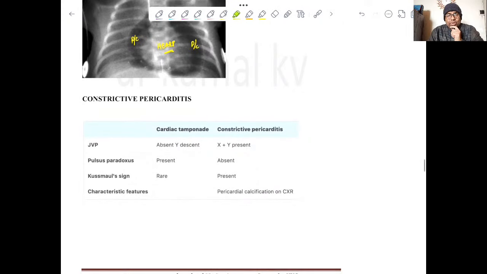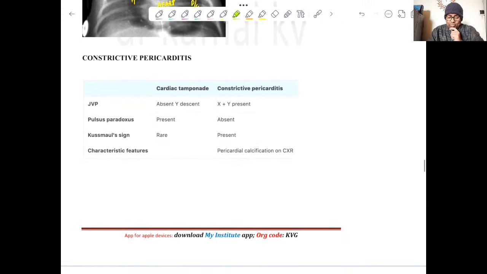Now many times in exams I have seen that there is a question and the students are usually confused whether it is cardiac tamponade or constrictive pericarditis. One very important thing is that the Y descent is absent in cardiac tamponade, but steep in constrictive pericarditis.